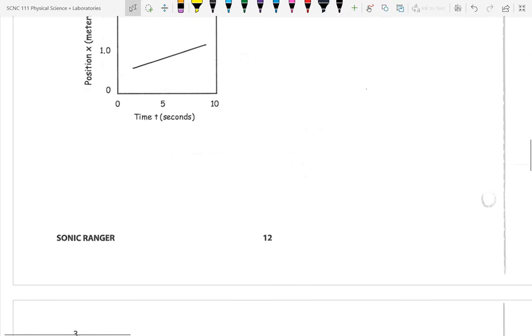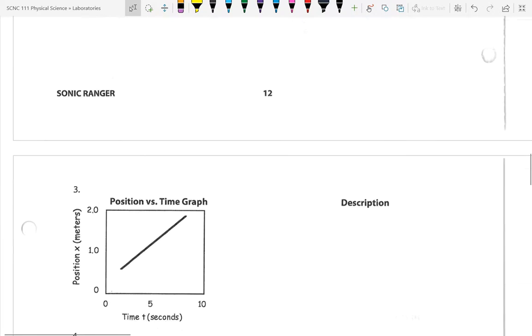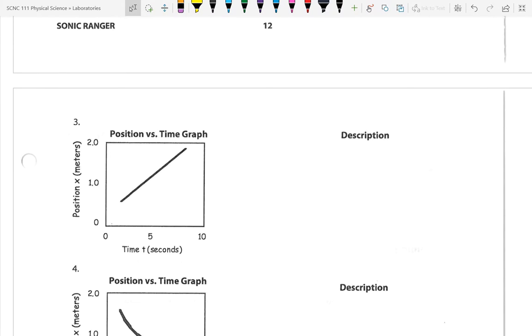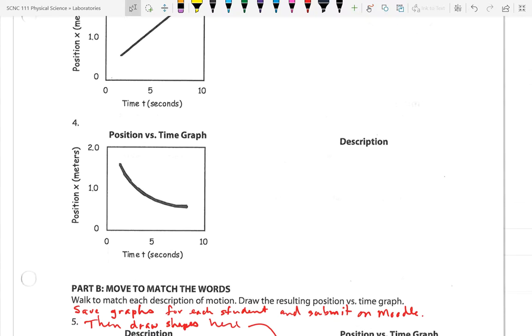What's the difference between the graph here in number 2 and the graph here in number 3? Yeah, it's a steeper slope here for number 3. Number 4, what's that doing? It's changing slope now. So that means the speed is changing. And so you're going to need to describe that and also do it just to make sure that your description is what you think it is.